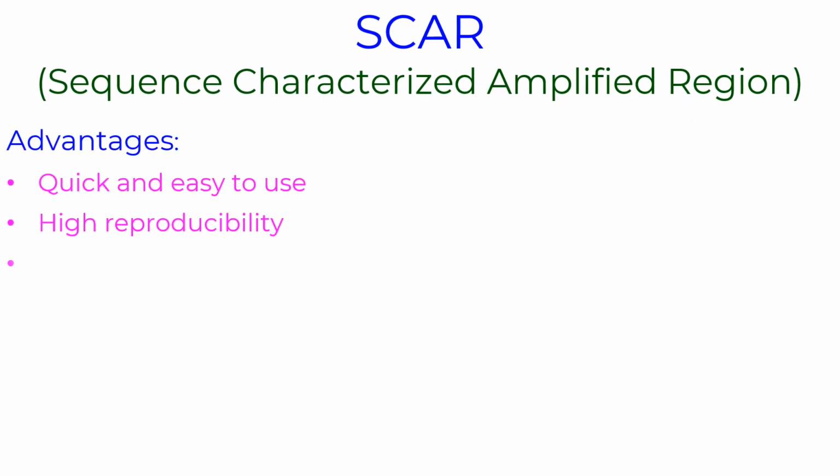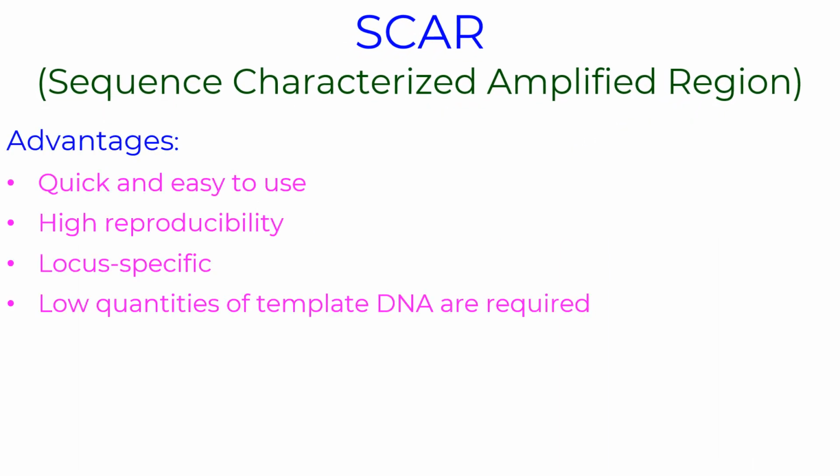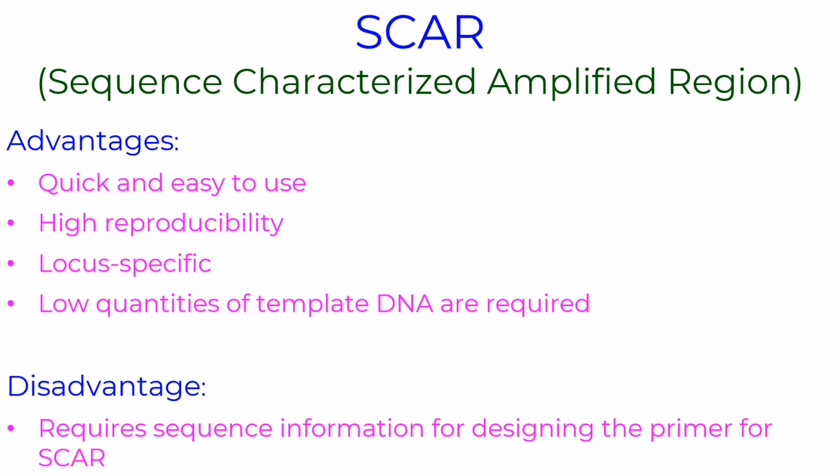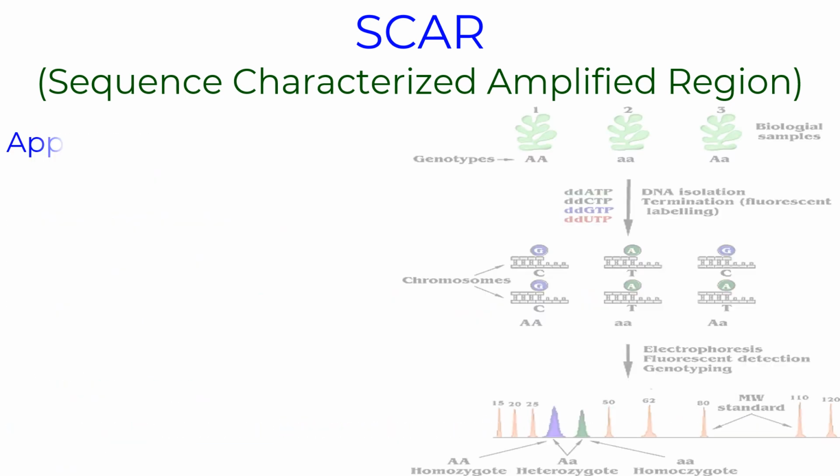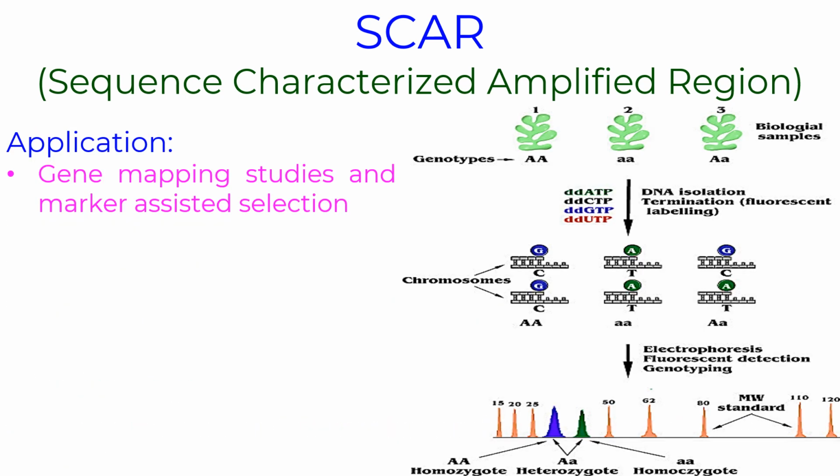Advantages: SCAR is quick and easy to use, has high reproducibility, is locus specific, and requires low quantities of template DNA. Disadvantage: the main disadvantage is that it requires sequence information for designing the primer. Application: gene mapping studies and marker assisted selection.